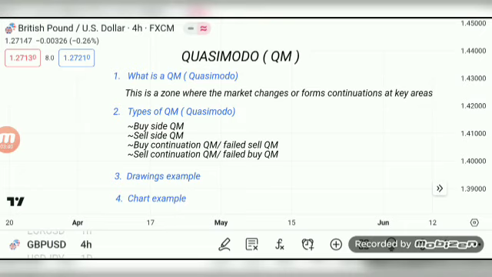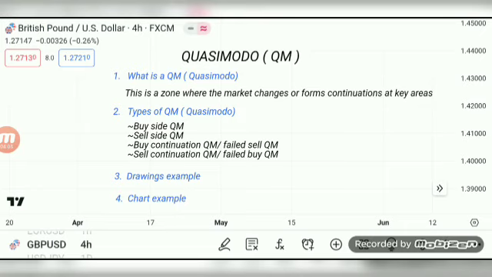Okay, then the third one, that is the buy continuation QM or the failed QM. That's when we see our setups, when your price is approaching your order block or your liquidity zone, where you're looking at changing the trend, but then price just ends up breaking your order block and it just continues with the movement.